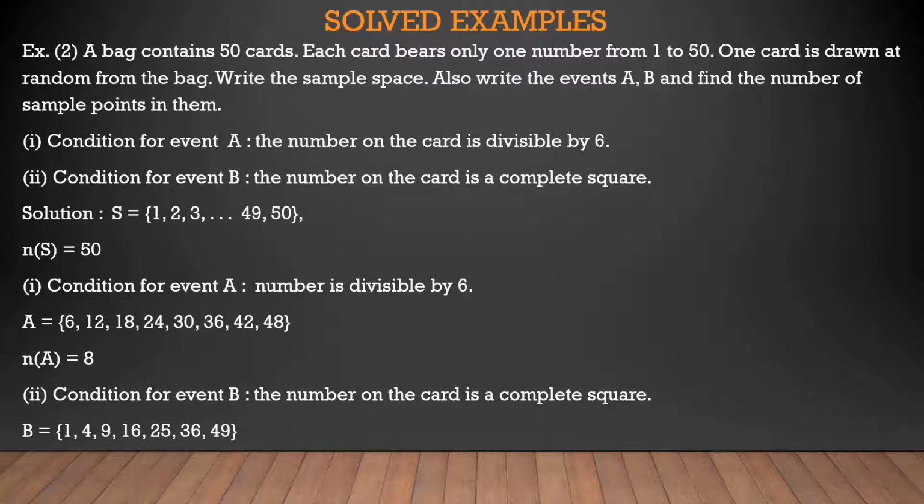So 1 is the square of 1, 4 is the square of 2, 9 is the square of 3, 16 is the square of 4, 25 is the square of 5, 36 is the square of 6, and 49 is the square of 7. So these are the sample points in event B. So total sample points are 7. So n of B is equal to 7.